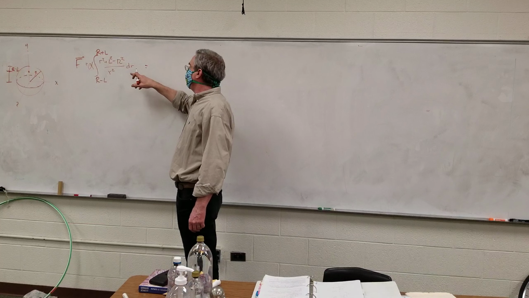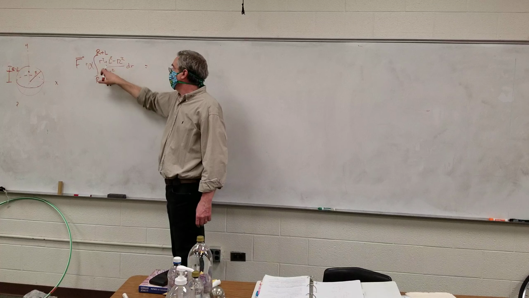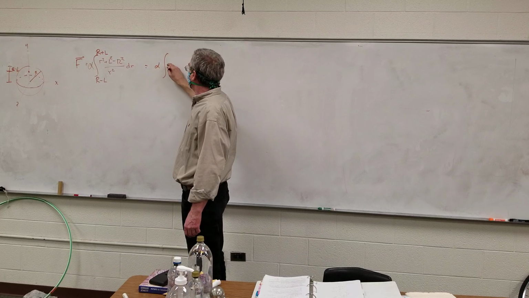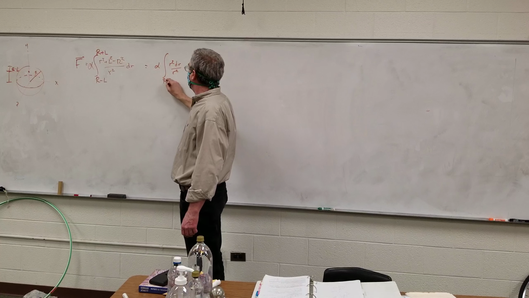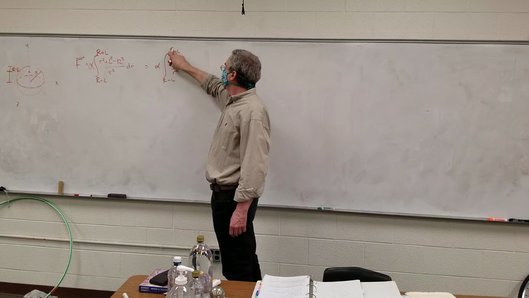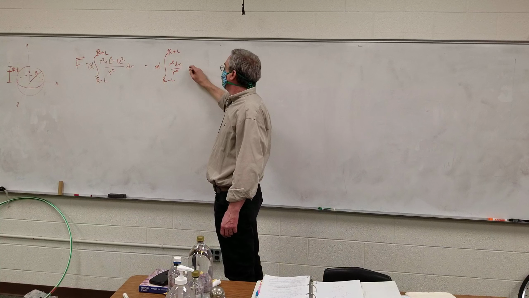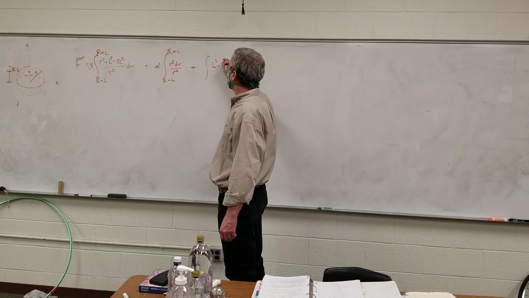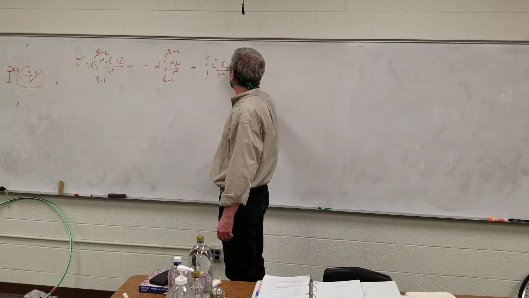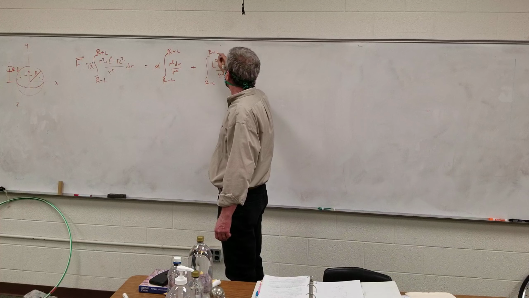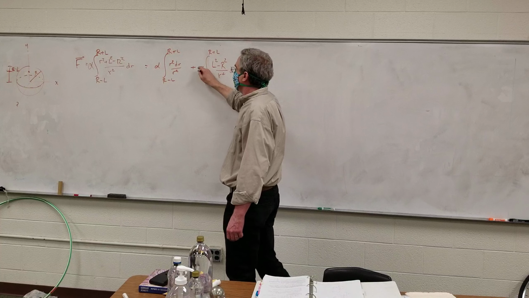And so like before, we break it up into parts. I'm going to take my r squared over r squared. So I've got this alpha integral of r squared dr over r squared from R minus L to R plus L, and that's a capital R there, in case you can't tell, plus the integral of big L squared minus big R squared over little r squared dr from R minus L to R plus L, times alpha.